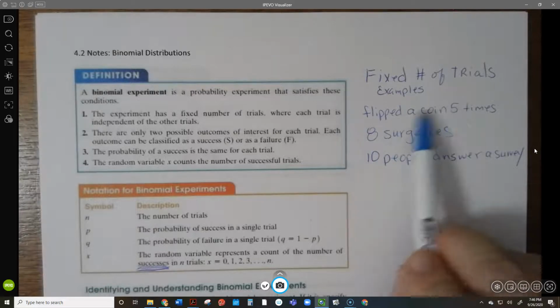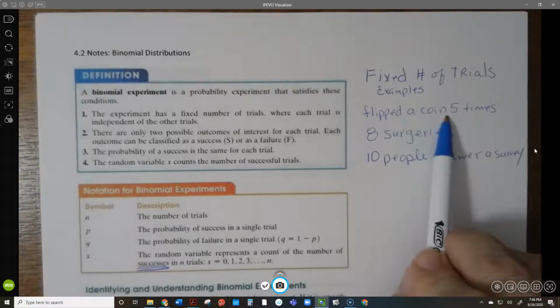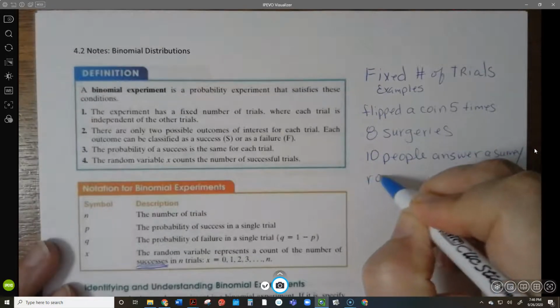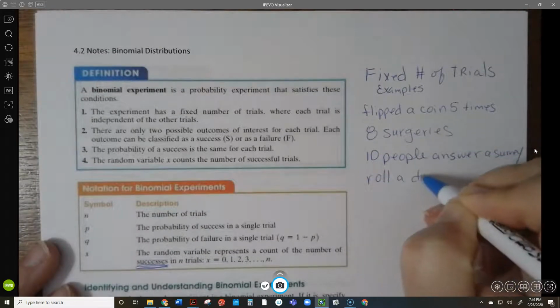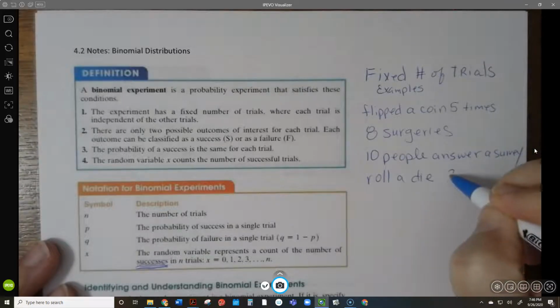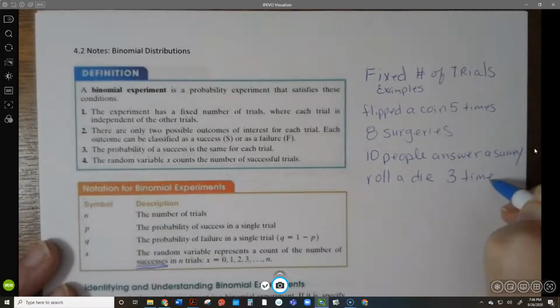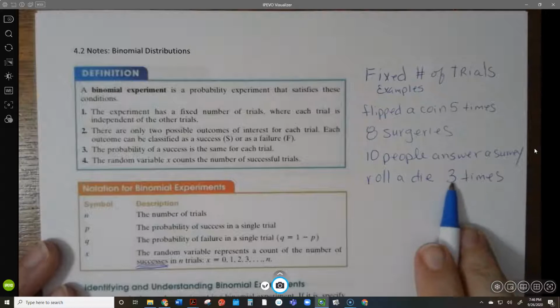Some people think, oh, then I could never use a die because there are 6 outcomes on a die. No, that's not true. It's how you define your event. Let's say you roll a die 3 times. There's a fixed number of trials. You're only going to roll the die 3 times.